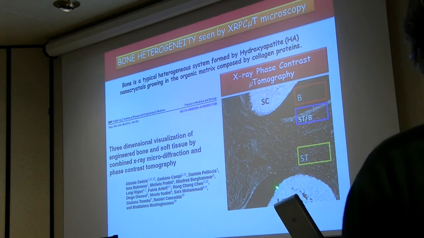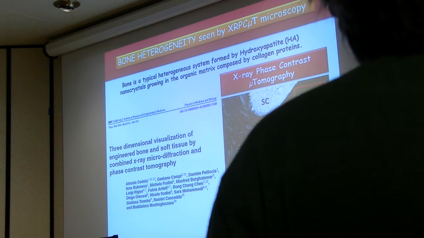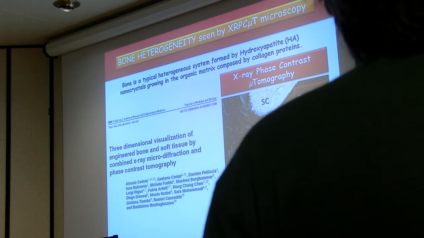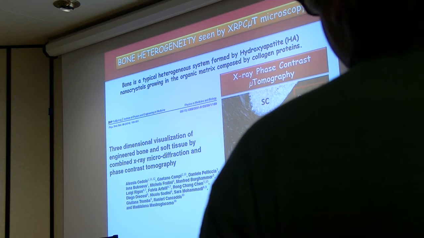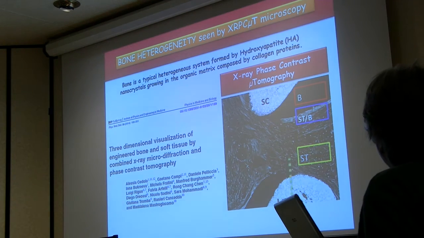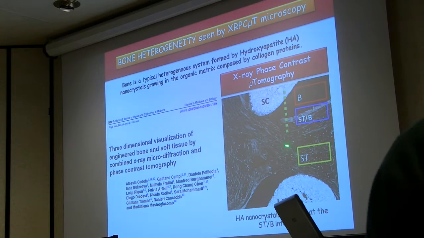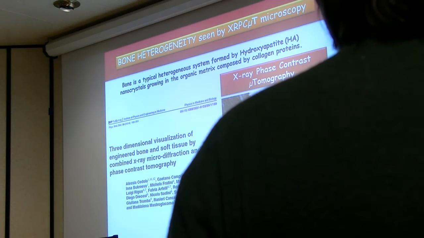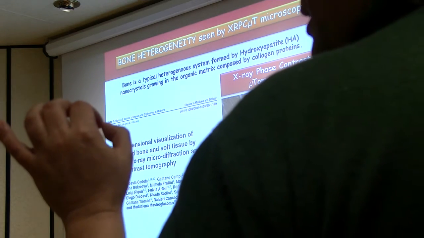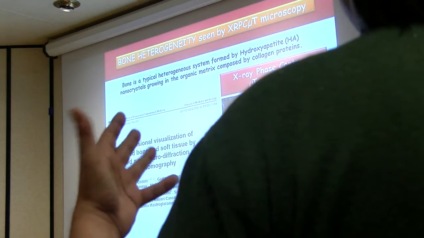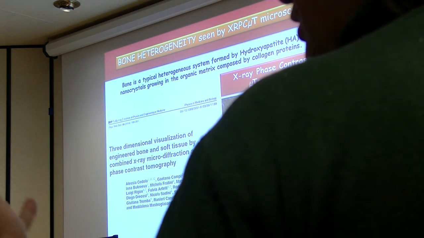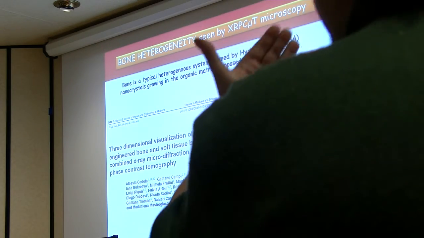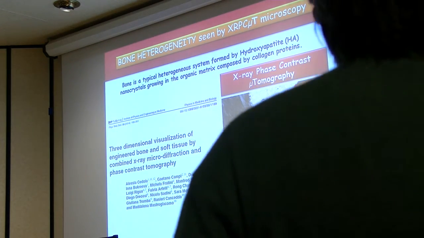Now, this interface between the newly formed bone and the soft tissue collagenous matrix has a thickness of 20 micron. If you want to study what happens at this interface, you need a focused beam, of course, because the best laboratory beam is large, 100, 200 micron. So you can't do a study of these features.